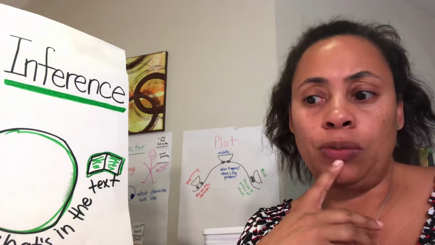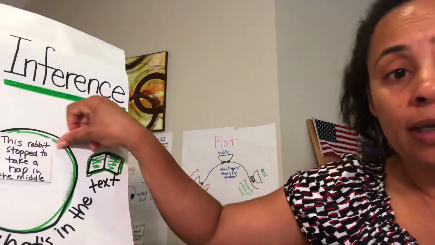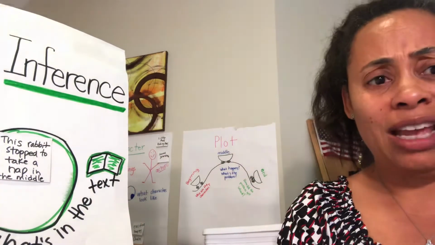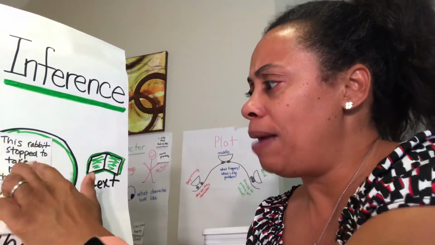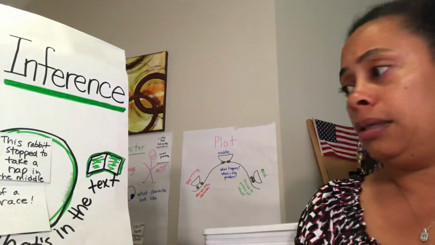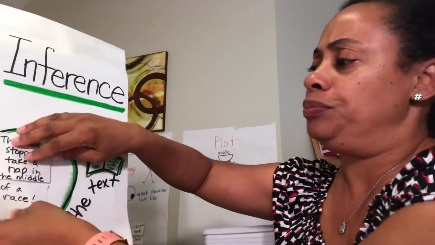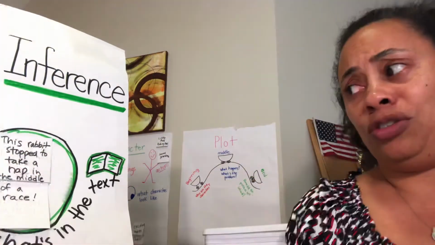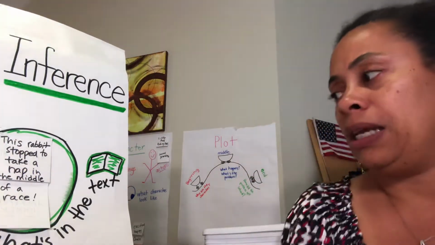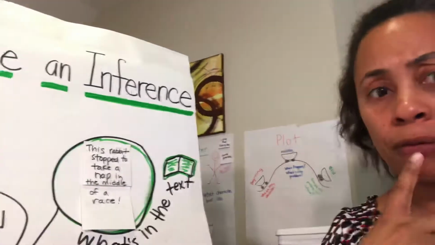What did the rabbit do? Oh, the rabbit, he took a nap. He took a nap in the middle of the forest, in the middle of the race. So I wrote that down. This rabbit in this story stopped to take a nap in the middle of the race. Now, knowing what I already know, that rabbits usually move very fast, but in the book it says the rabbit took a nap in the middle of the race.